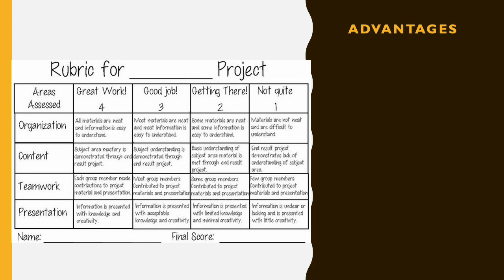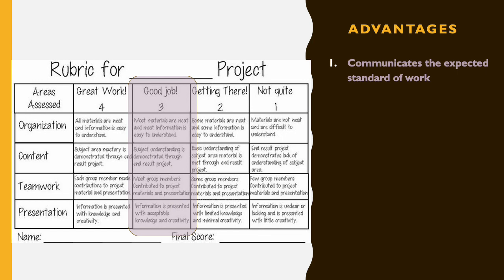So some of the advantages are, one, it communicates the level of expected work. So what you want your students to target, you usually make one column that's not necessarily right up at the top, but is pretty close to the top, and you can call that your expected level of performance. Here I've highlighted it in purple.